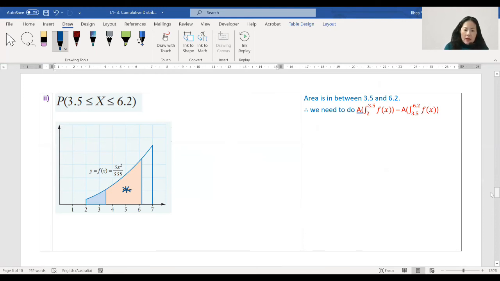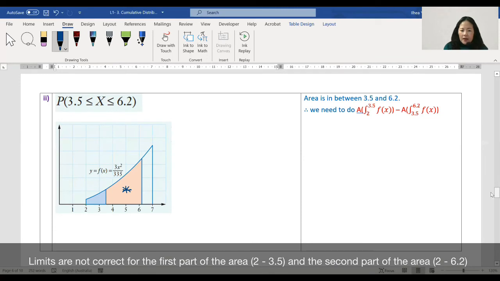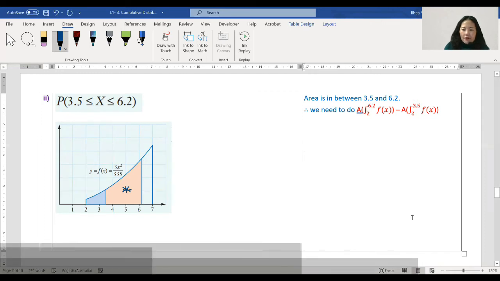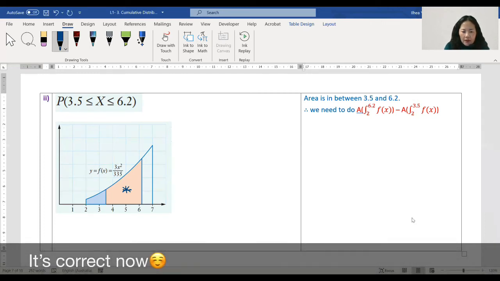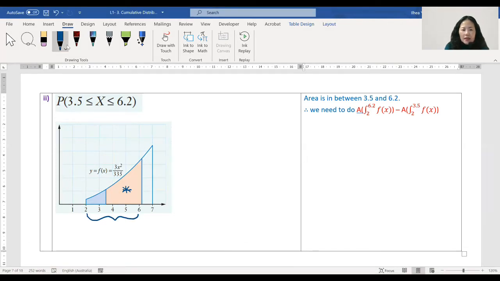That means we have to think about getting the area from the start up to here first, and then take away the area from the start to here, and we will get the middle part. That's what it means here. Okay, so let's do that.